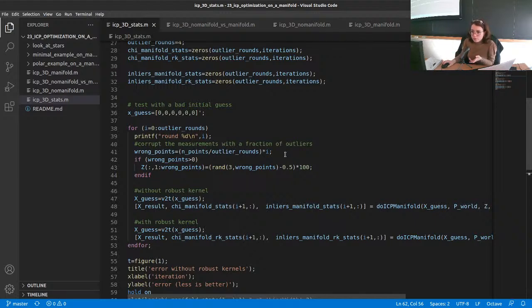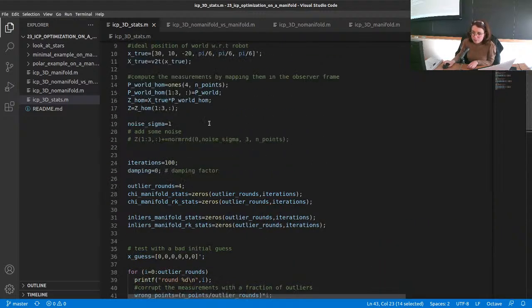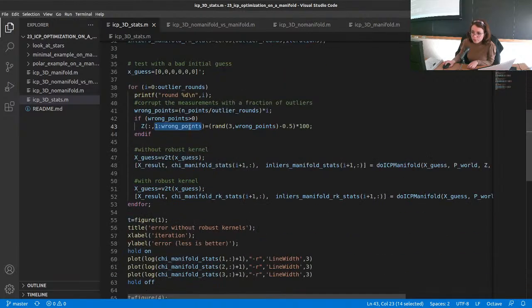So what we can do in this simulated example to introduce outliers is we change some measurements. So in this for loop, we inject an increasingly higher set of wrong points, and what we do is we simply substitute the measurements corresponding to the application of this transformation to the points in the word frame by, again, random points.